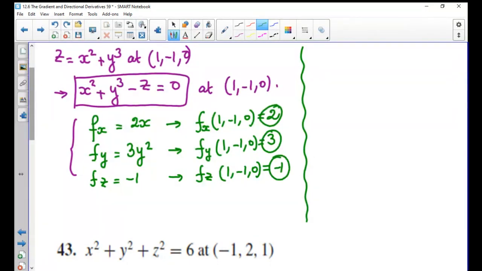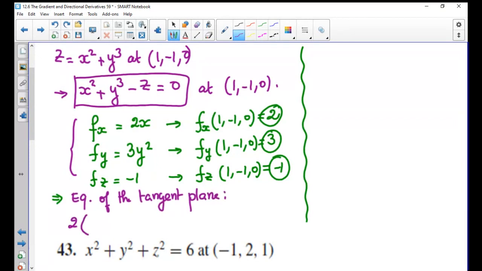So that means the equation of the tangent plane will be 2 times (x minus 1), plus 3 times (y plus 1), minus 1 times (z minus 0).